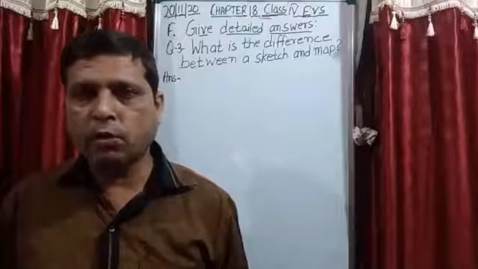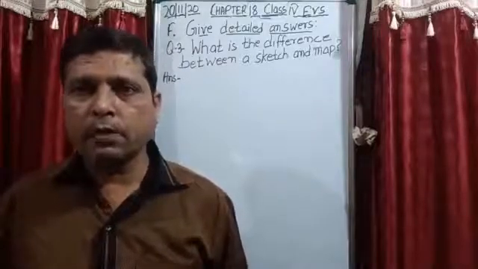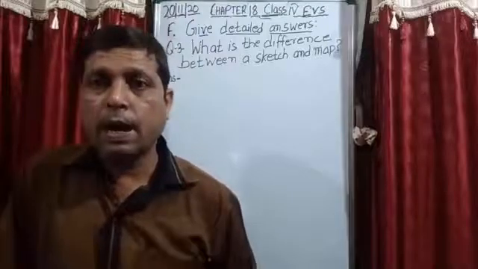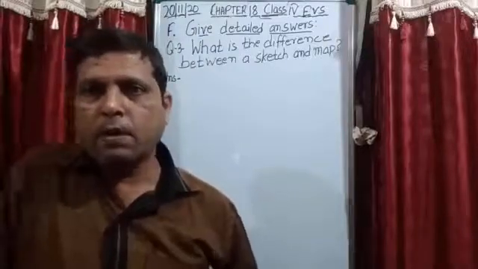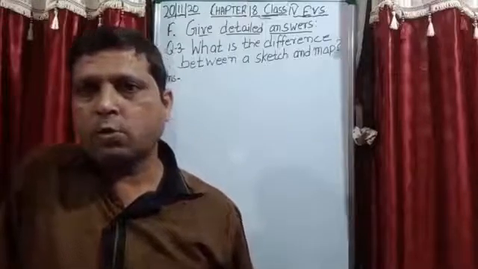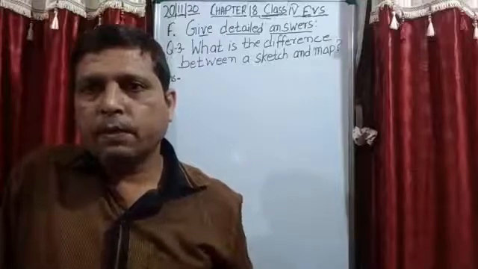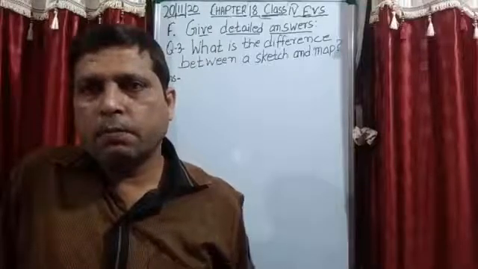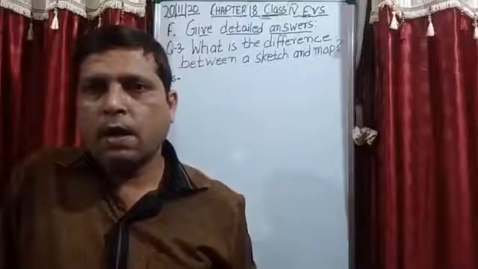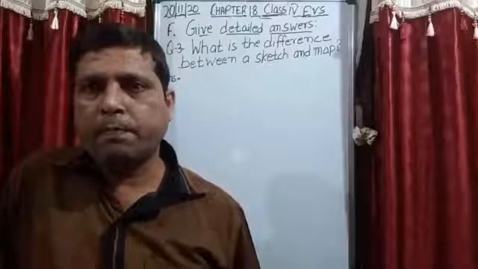Like maps are drawn to scale, symbols are used on the map, directions are on the map, landmarks are on the map, colors are also used in the map. By these we all understand the language of the map.